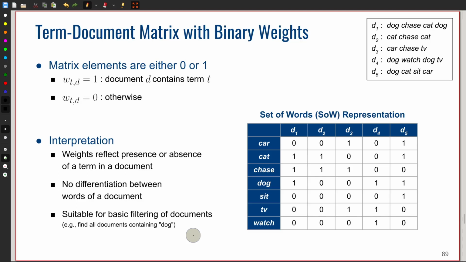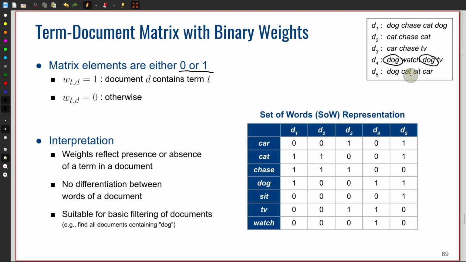The most basic way to set the values of our term document matrix is to use binary weights. And binary weights simply means the values in our matrix are either 0 or 1, where a value of 1 tells us that a document D contains a term T. And otherwise, we set it to 0 if the document does not contain the word T. So for example, if we look in our example corpus in document 4, we see that the word dog appears twice.